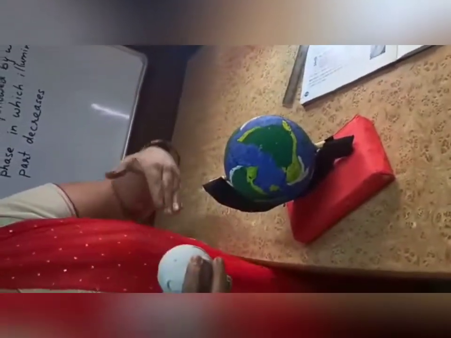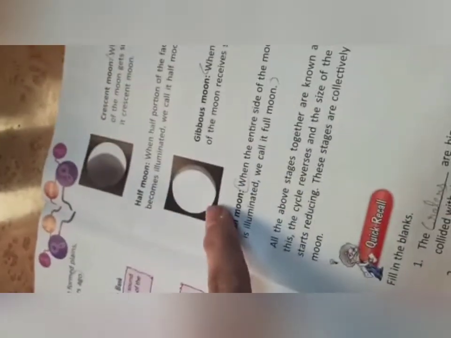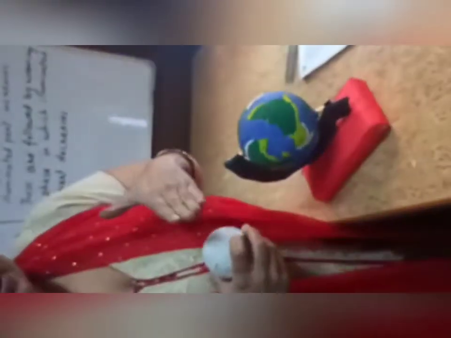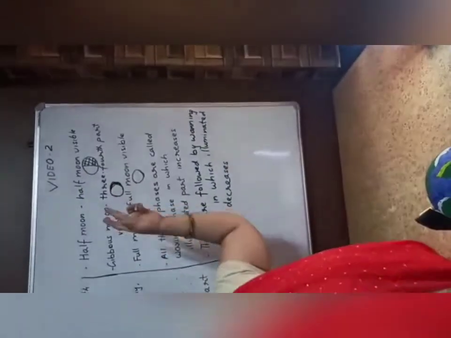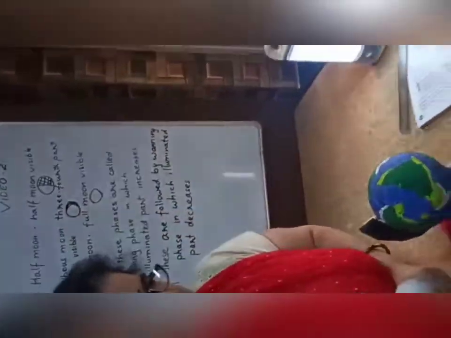Then after some time, when it comes here, it is reflecting more than half. That is called the gibbous moon. Or you can say that the banana shape of the moon is visible and the rest is visible, so it has 3/4 part visible. That is called the gibbous moon.